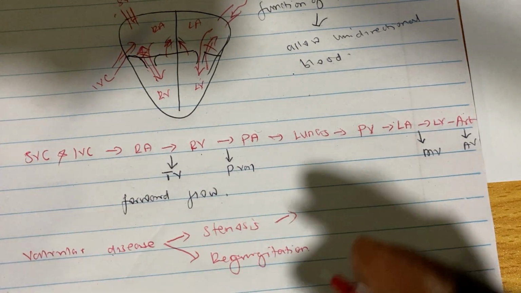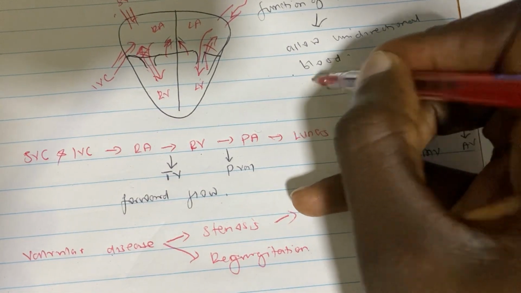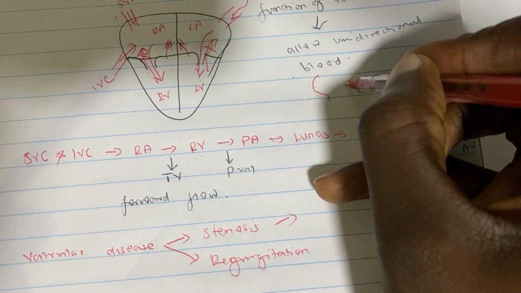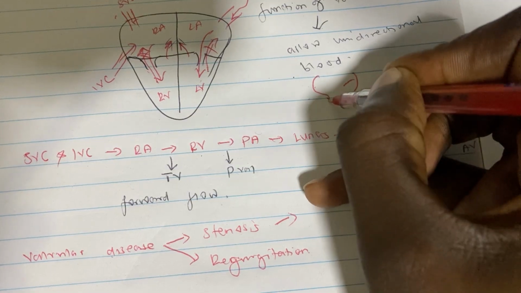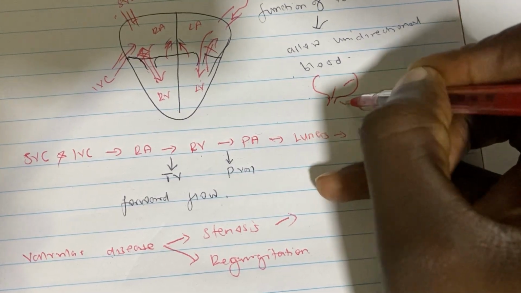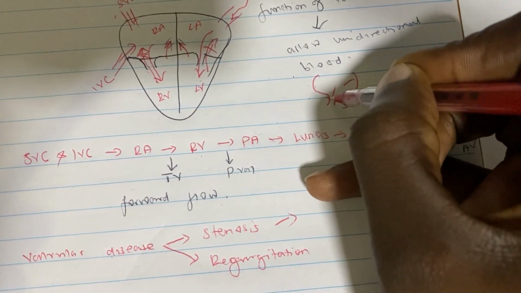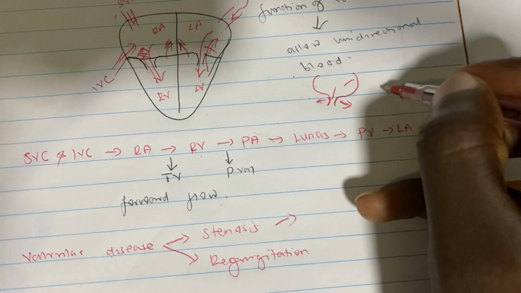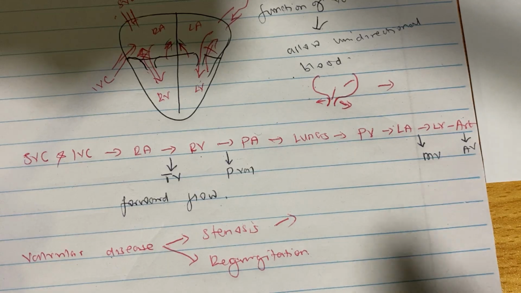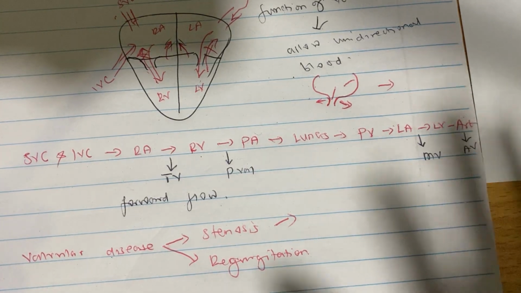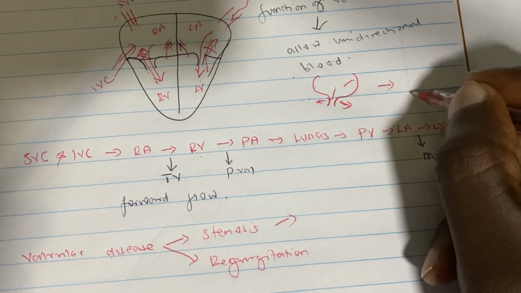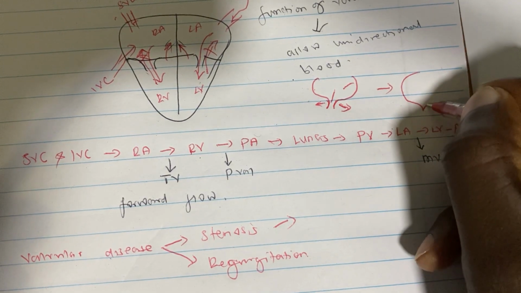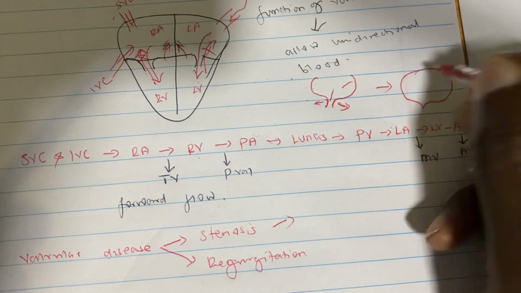The valve is always acting like a door. For example, if this is the mitral valve, when blood is passing, the leaflets pull to the sides and give way to open the valve. If the ventricle is contracting, they close.